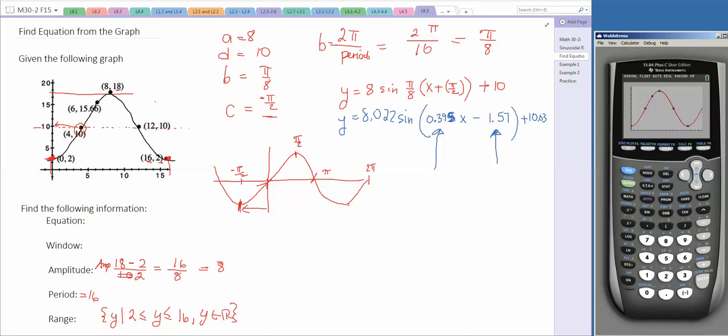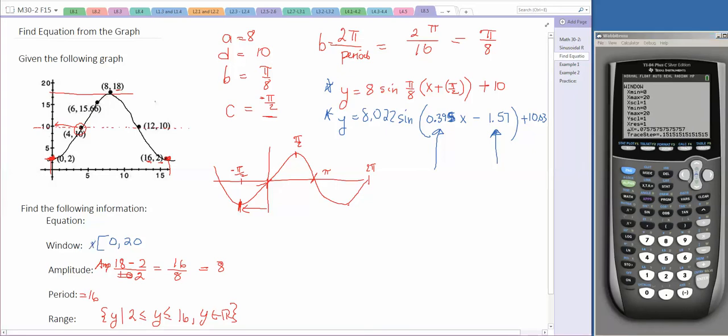And so it asks for the equation. We've got our equation. Either equation is adequate. Since we're graphing it in our windows, we know that we went from 0 to 20. I just want to double check. Yes, 0 to 20 for the x, and with a scale of 1, and for the y, I have 0 to 20, and also a scale of 1.